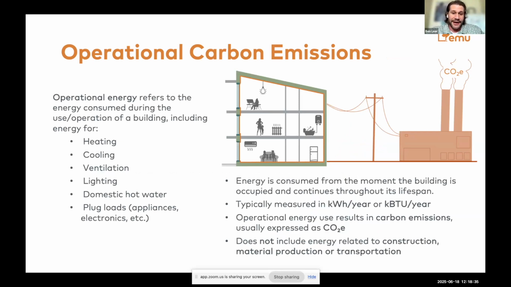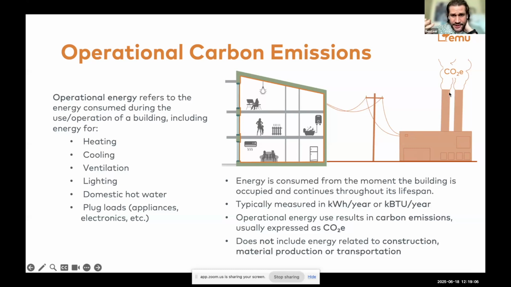The goal is to make our energy have less of a reflection of CO2. So we want to move away from fossil fuel energy inputs, but unfortunately, as we saw before, most of our energy sources are still derived from fossil fuels. So even if you're pulling electricity for your building, that electricity might be powered by a gas power plant or a coal power plant, in which case the burning of that fossil fuel has a lot of emissions associated with it.